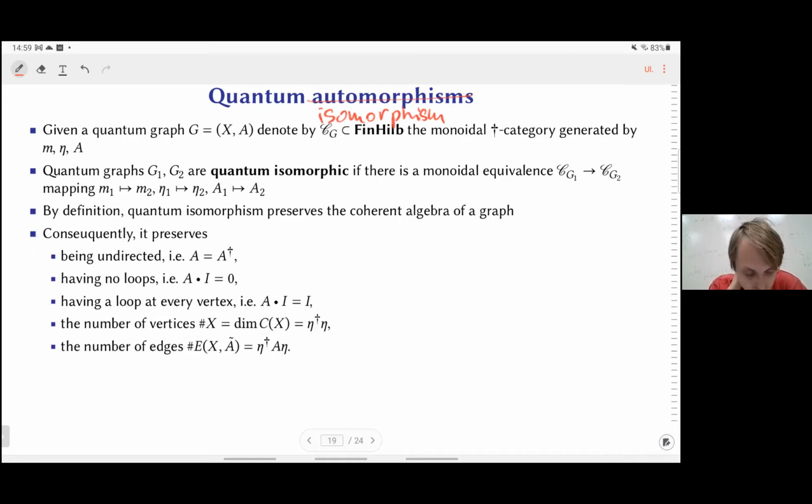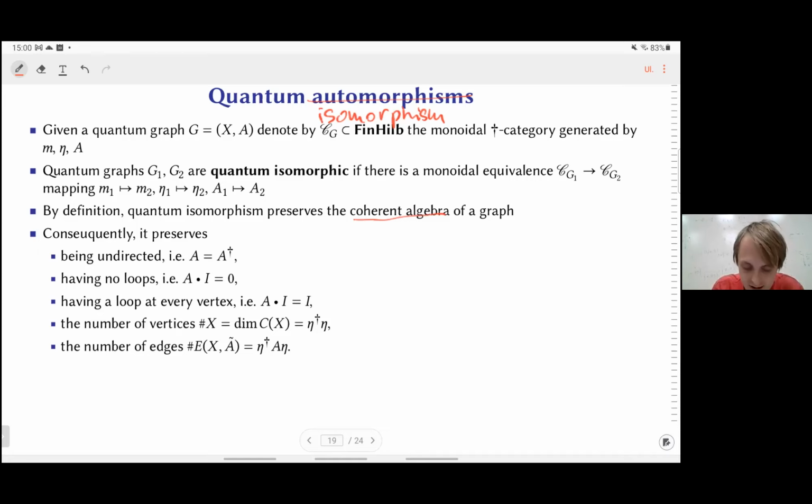But the most important property for this application is that quantum isomorphism preserves what is called in classical graph theory the coherent algebra. If you take this adjacency matrix A, you can multiply the adjacency matrix with itself, for instance, so you have the classical multiplication of matrices, and then you also have this Schur product, the entry-wise multiplication, and you have the identity, and this all-one matrix, which is the identity with respect to this entry-wise product.